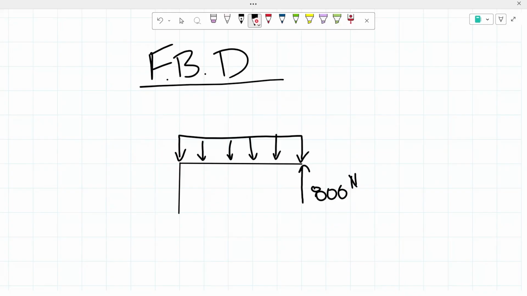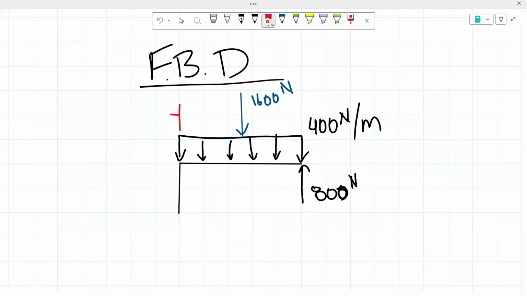From there, we know once again that this is 400 newtons per meter, but we know that that concentrated force has a value of 1,600 newtons found at midspan.